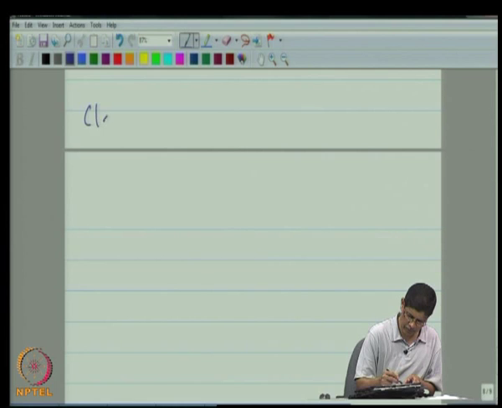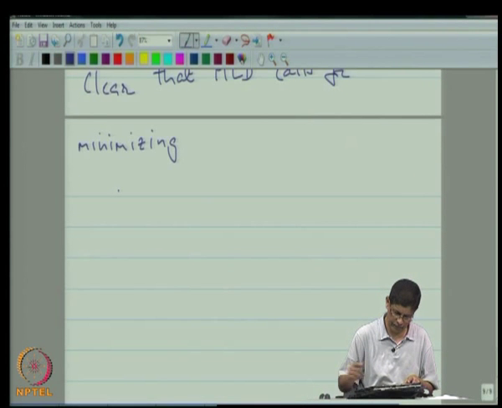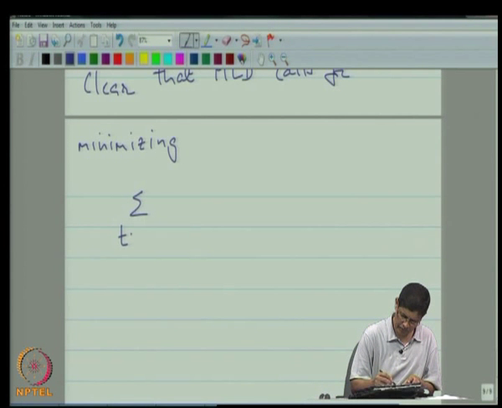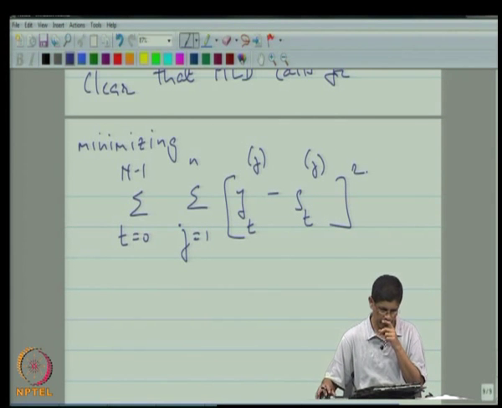So, it is clear therefore that maximum likelihood decoding calls for minimizing the quantity, the sum t is equal to 0 to n minus 1, j is equal to 1 to n, y t of j minus s t of j the whole squared.